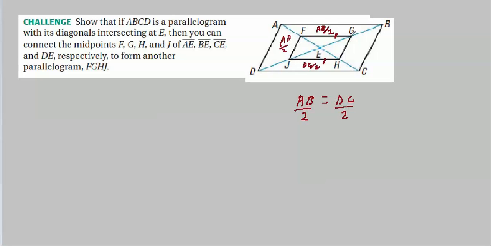This is a midsegment, so it's half of this. And since this larger one is a parallelogram, AD and BC are equal, so AD over 2 equals BC over 2, and these two. So we have two pairs of congruent sides, so we must have a parallelogram.